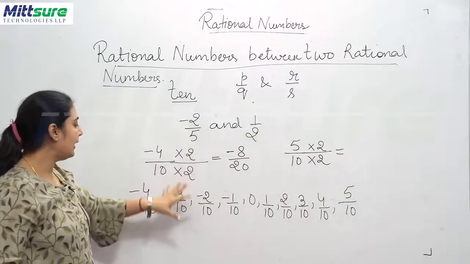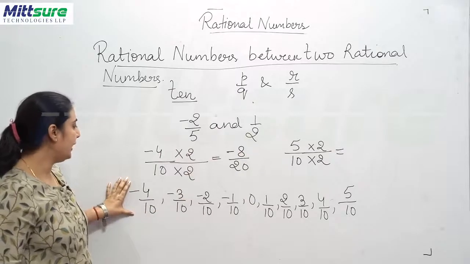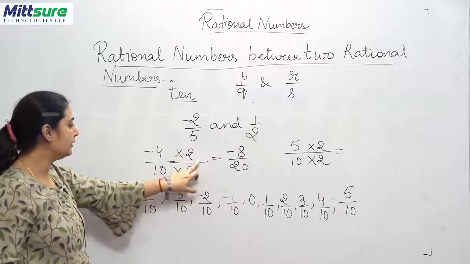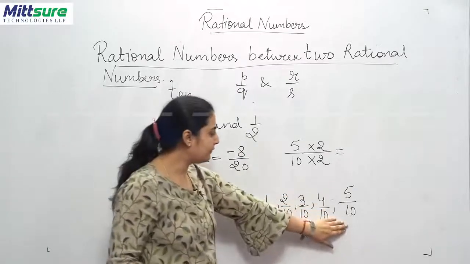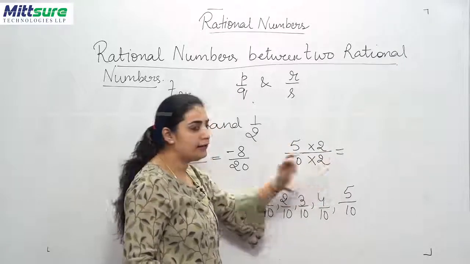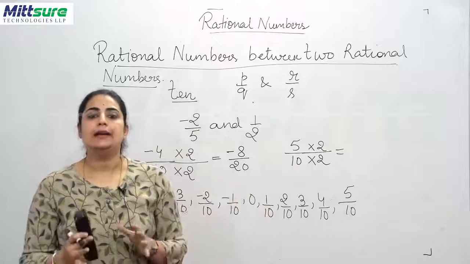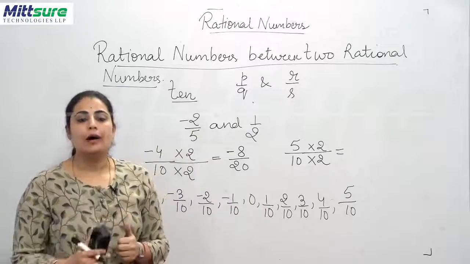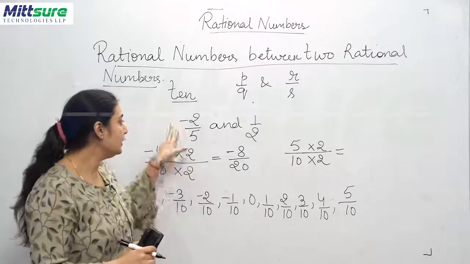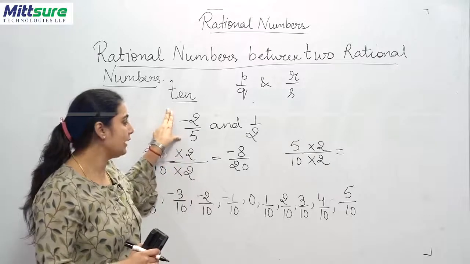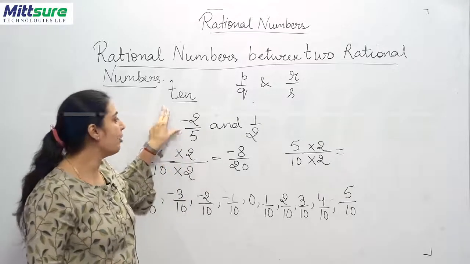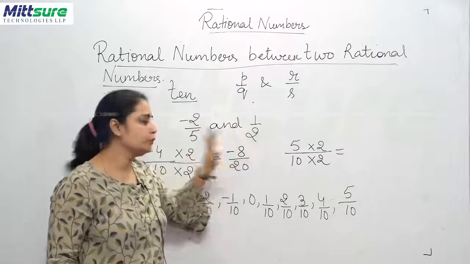Why am I multiplying -4 upon 10 by 2 and 5 upon 10 again by 2? So that I can increase the range of the numbers and get the required 10 numbers between the two rational numbers -2 upon 5 and 1 upon 2.